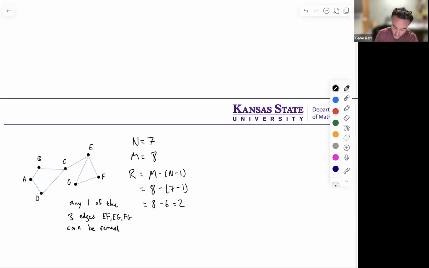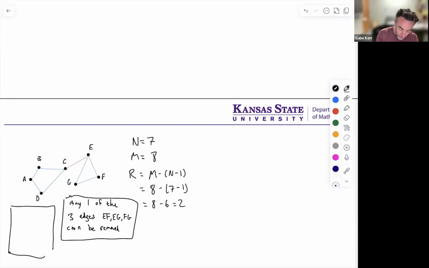And likewise, any one of the four edges, AB, BC, CD, and DA can be removed. And then you'll get a spanning tree.